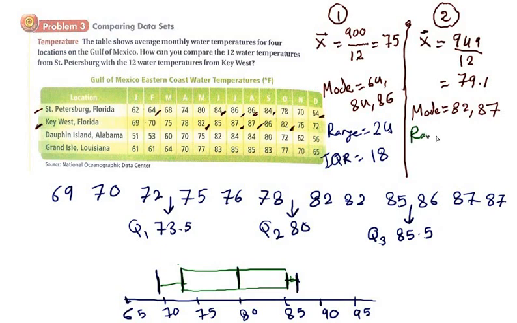The range of these values is 87 minus 69, and this is equal to 18. The interquartile range is 85.5 minus 73.5, and this is equal to 12.